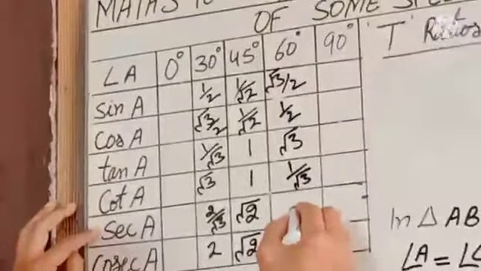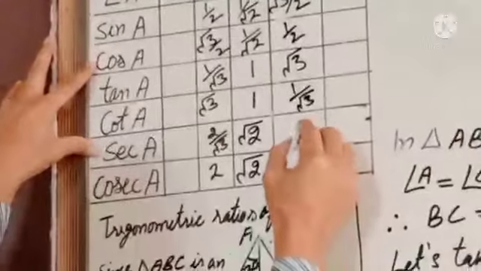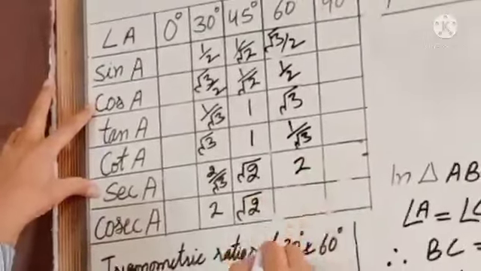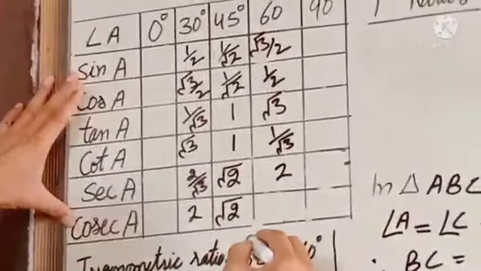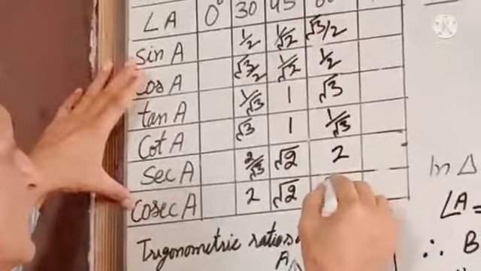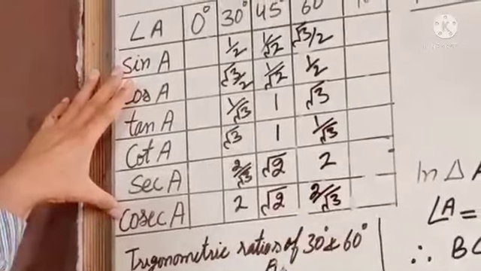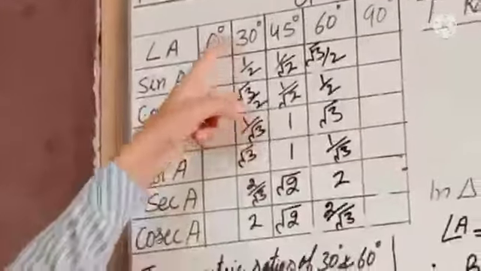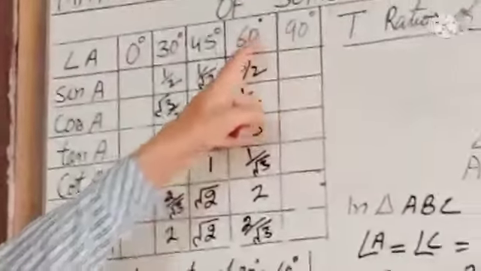Similarly, sec is the inverse of cos, so it will give you 2. And when we talk about cosec, it is the inverse of sin, so it should give you 2 upon root 3. We have got the values of 30, 45, 60.